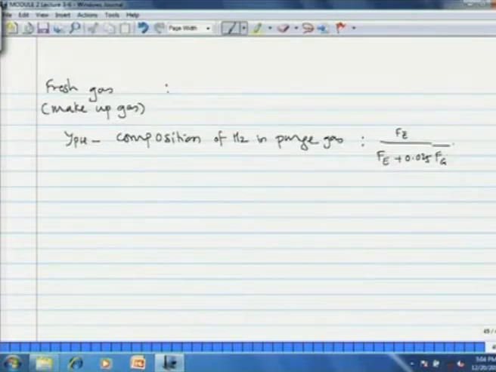The hydrogen in the purge gas divided by the total purge gas. Now, the fresh gas or makeup gas contains 0.975 times, 97.5% hydrogen. This hydrogen is utilized for the reaction and rest is purged.